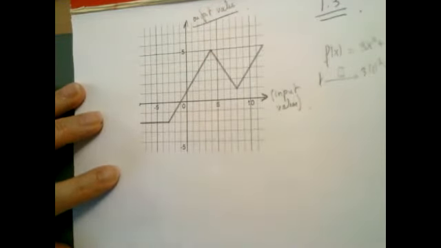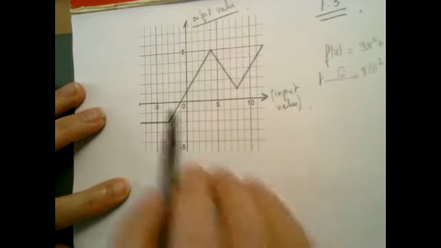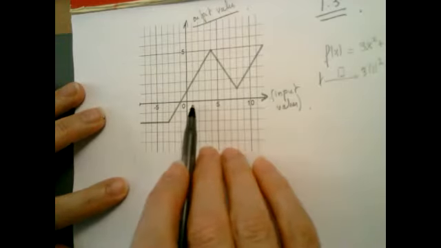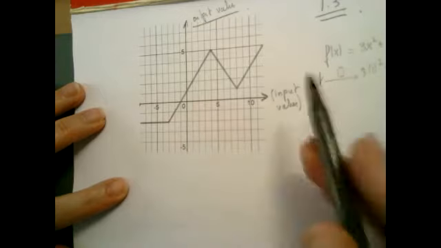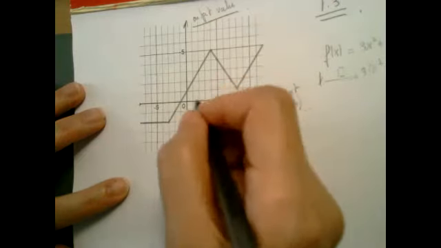And the question is, how does a graph give me the rule? It means, how does it tell me 1 goes where, 2 goes where, 3 goes where?